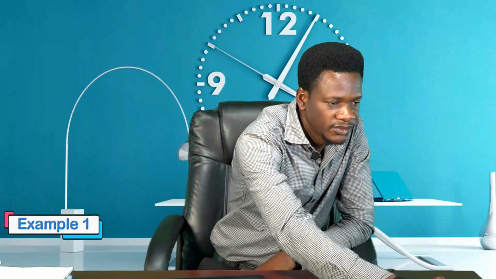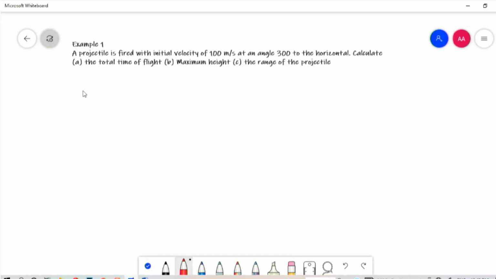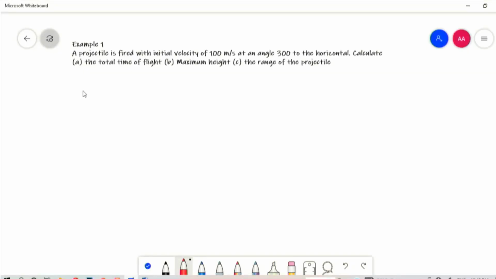So let us look at example 1. A projectile is fired with an initial velocity of 100 meters per second at an angle of 30 degree, not 300, okay, this is 30 degree, to the horizontal plane.